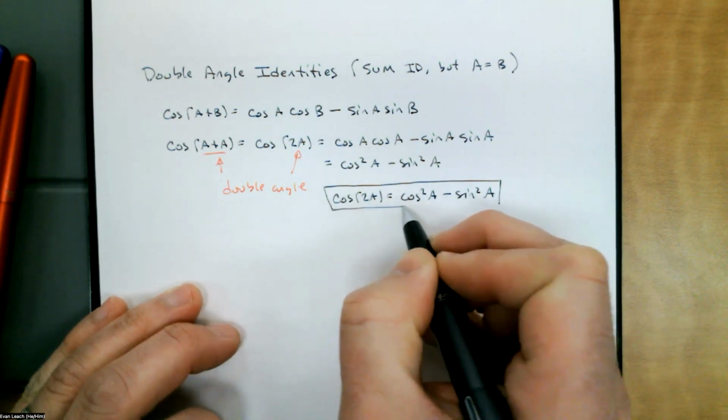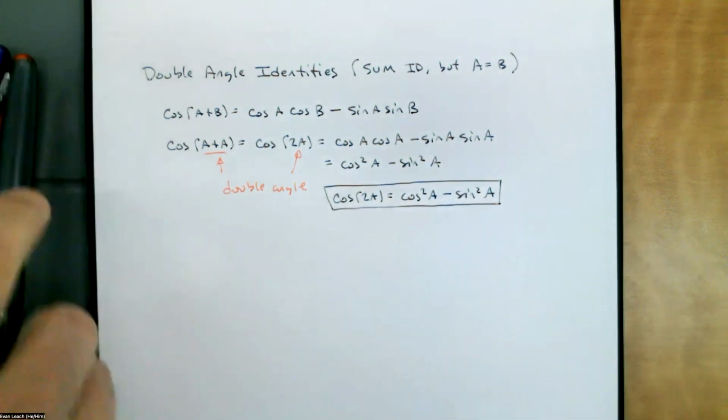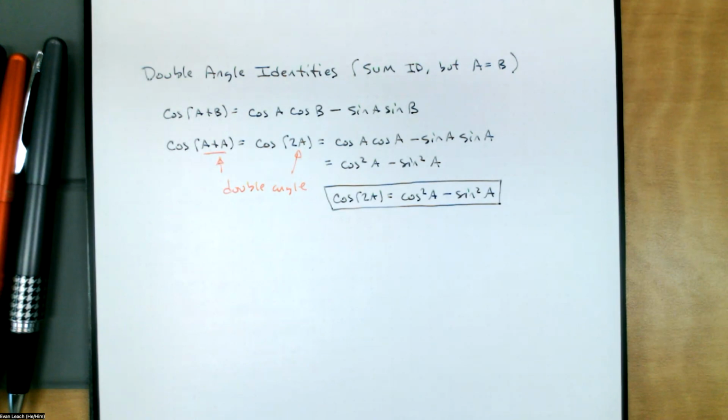We don't have to memorize this, we just have to remember it. Our memory of this is reinforced by remembering our sum identity for cosine. Our sum identity for cosine reinforces our memory of the double angle identity for cosine.